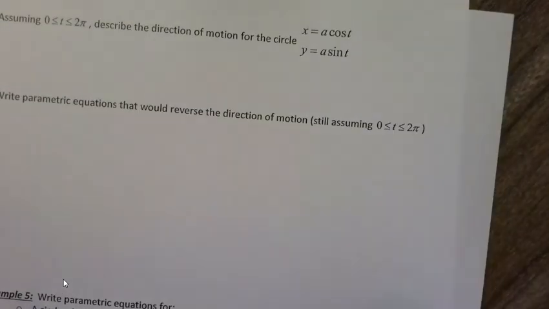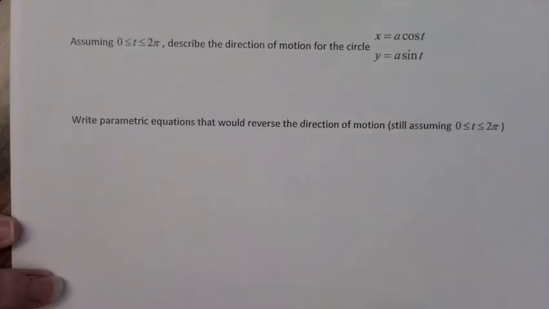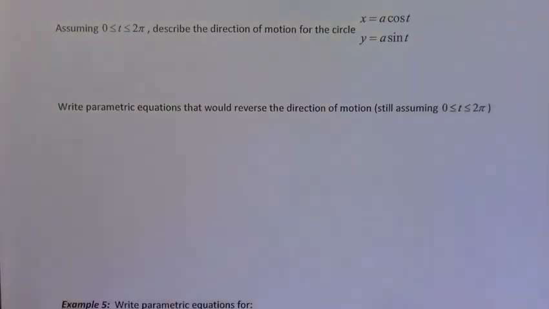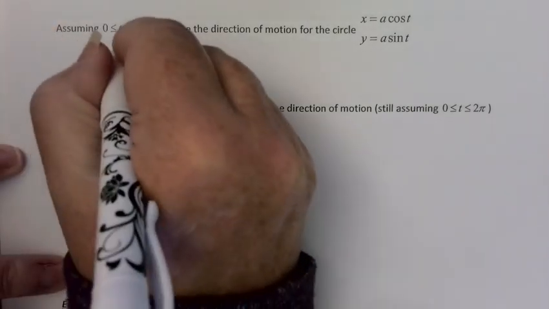All right, let's continue to play a little bit with these circles. We saw that with lines, one of the things that we're able to do is change the direction. So we're going to play around a little bit with direction of motion for the circle as well. We already saw that when I had the equations x equals a cosine t and y equals a sine t, we were traveling in the counterclockwise direction.